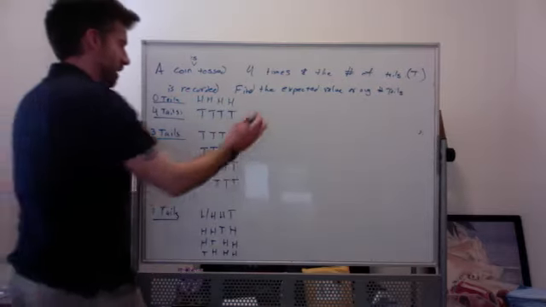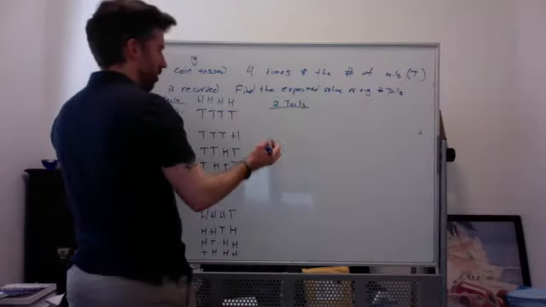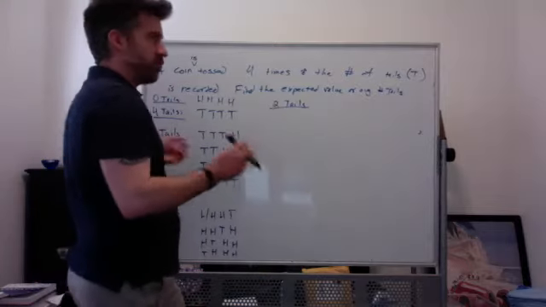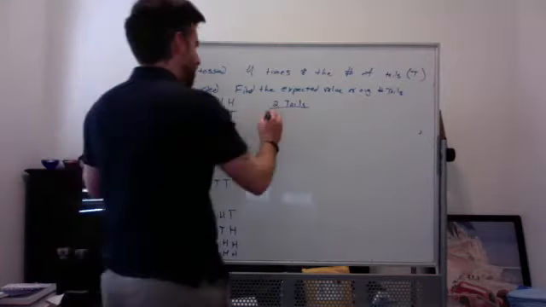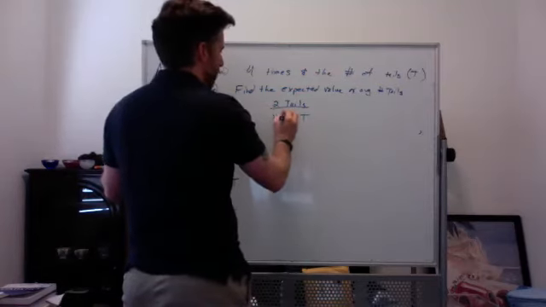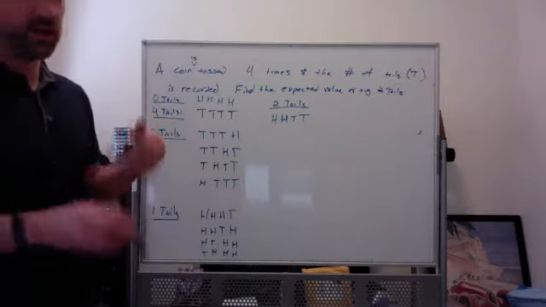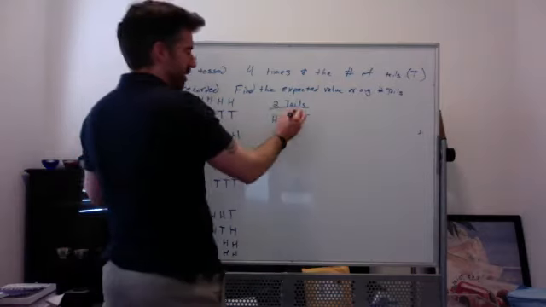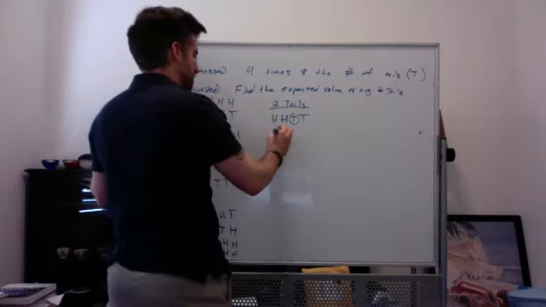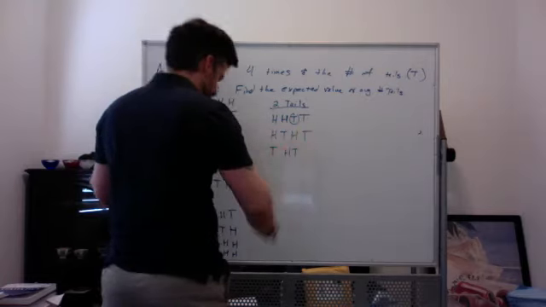And then there's 2 tails. Here's how I usually do something like this. I think about moving the thing of interest from right to left. I'm going to start off with heads, heads, tails, tails, because when you have more than one thing and lots of spaces, it can be easy to not figure out if you've gotten all of them. I think about this one moving over one spot at a time: heads, tails, heads, tails, and then tails, heads, heads, tails.